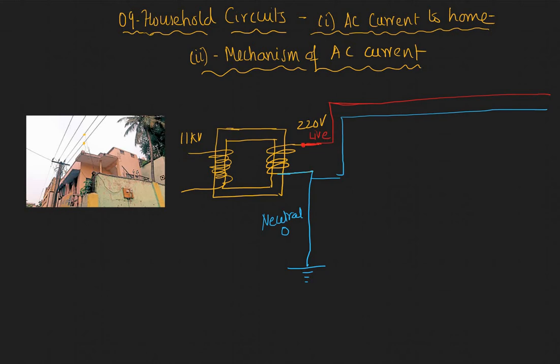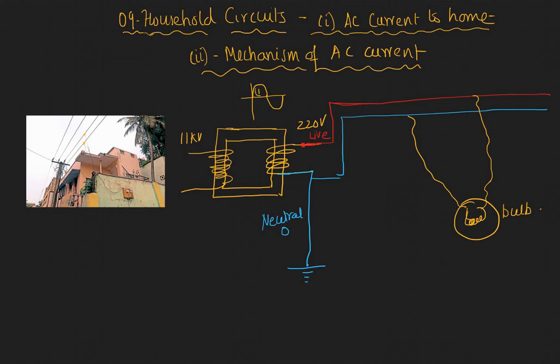So here you go, this is how the lines are coming in, and let's assume I do this illegal tapping, and I tap current from these lines and pass it through a bulb. This is my bulb. Now, in AC current you have two cycles, the positive cycle and then the negative cycle.